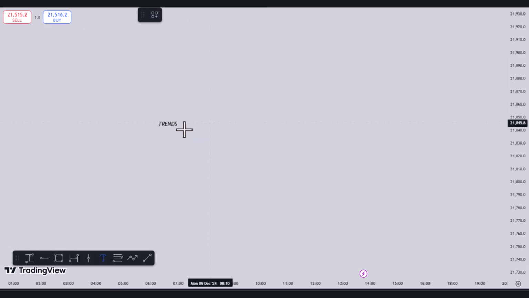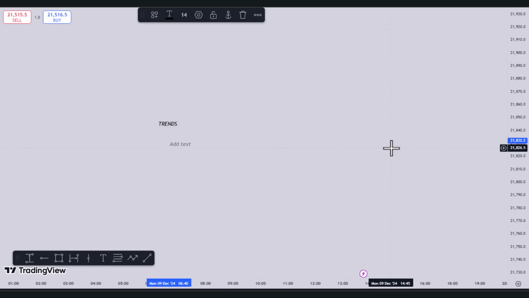We have the uptrend, which is the bullish trend. Remember we talked about the bullish candles being the up close candles, so it has characteristics of bullishness. It has a lot of bullish candles. We shall look at it in the breakdown.